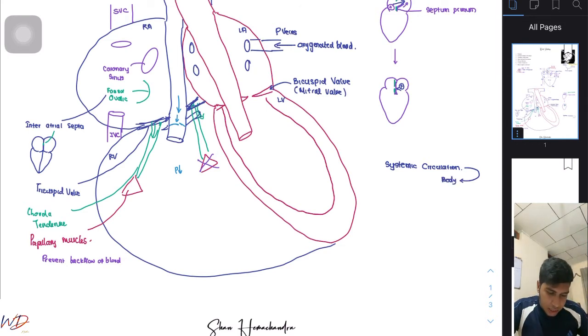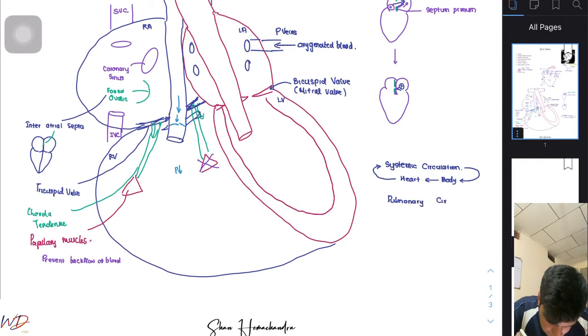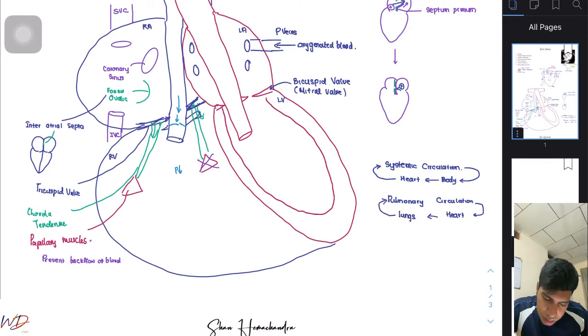This is the circulation in which blood travels around the whole body and comes back to the heart. Then we have the pulmonary circulation. This is from the heart to the lungs.